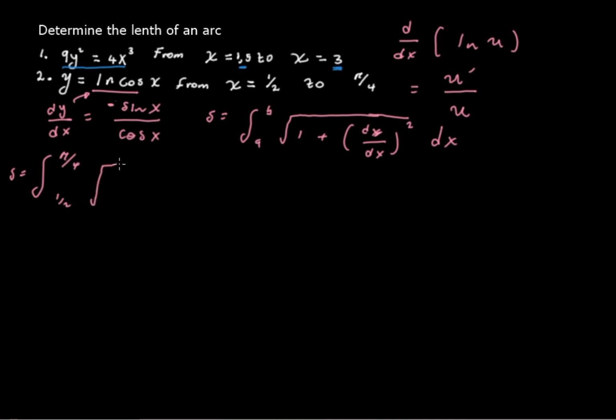And it's going to be the square root of 1 plus the derivative of the function, which is this one over here. Now it's going to say negative sine x over cos x, all squared, dx over there.